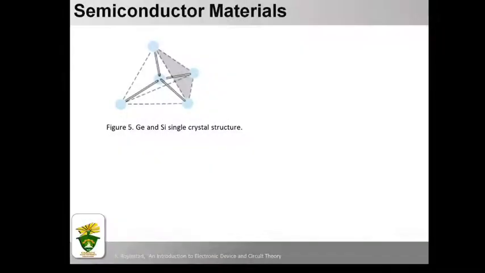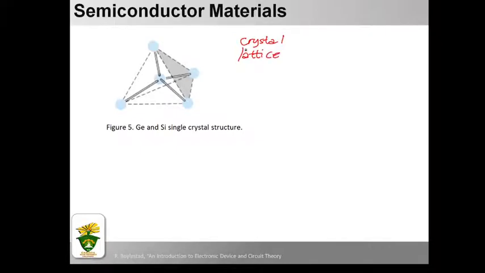Some of the unique qualities of germanium and silicon noted earlier are due to their atomic structure. The atoms of both materials form a very definite pattern that is periodic in nature. One complete pattern is called crystal, and the periodic arrangement of the atoms is called lattice.